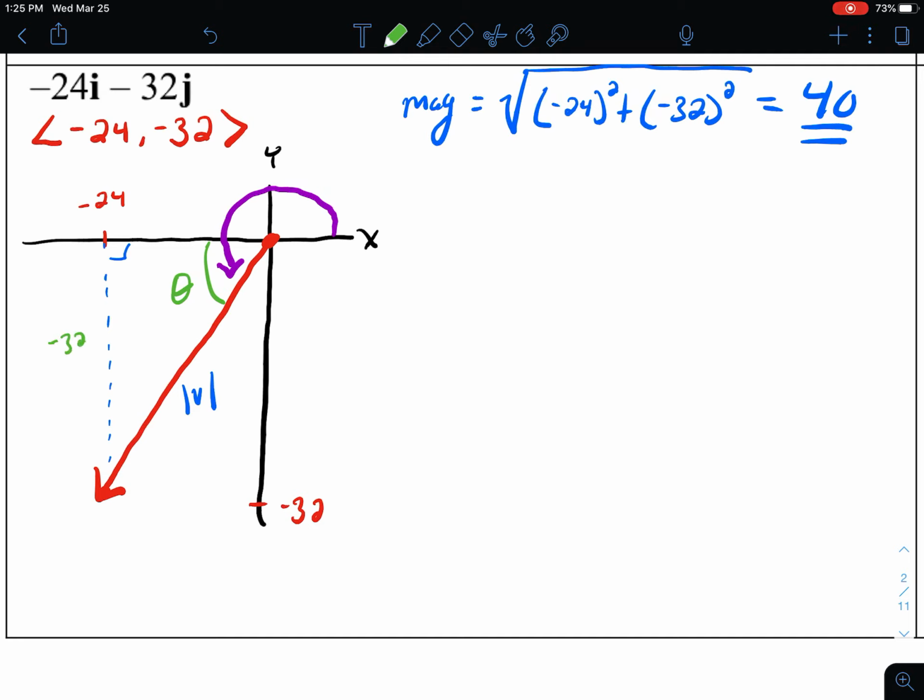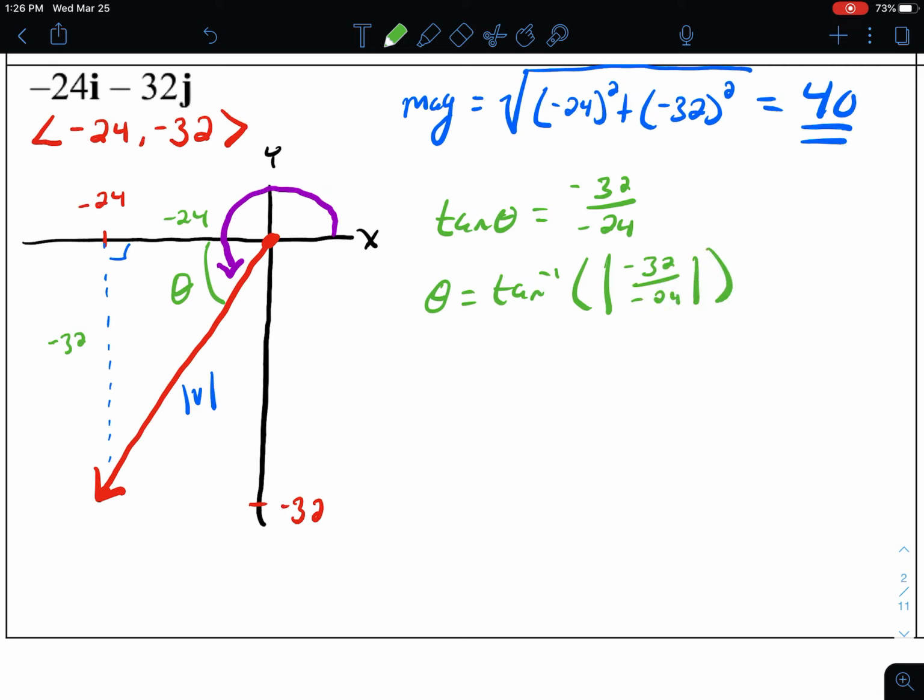So I look at my components here. You got -32 for this leg, -24 for that leg. So tangent of theta is going to equal opposite over adjacent. And I go solve for theta. So theta is going to equal the inverse tangent of, that makes positive, just to keep with the notes, let's say the absolute value of -32 over -24.